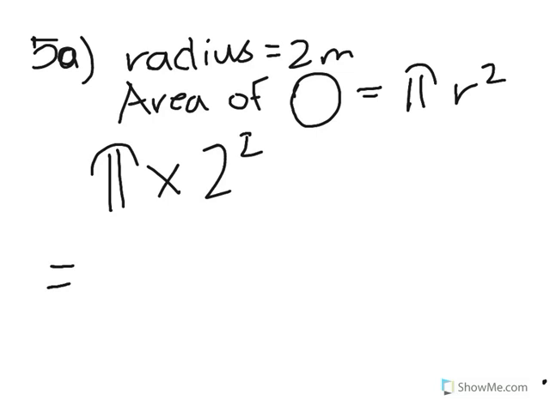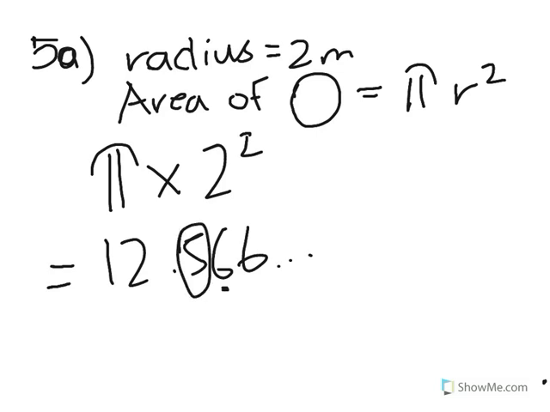And that'll give you an answer of 12.566 and so on. But they wanted three significant figures. So now we look at the fourth digit. If it's above 5, we round this digit up. So it becomes 12.6, but we're not done yet. We have to write a unit down. Now in this case, it's in meters, so it becomes meters squared since it's area.